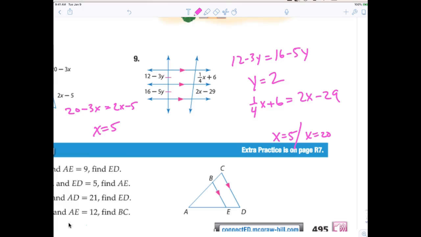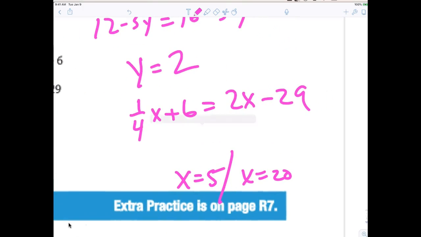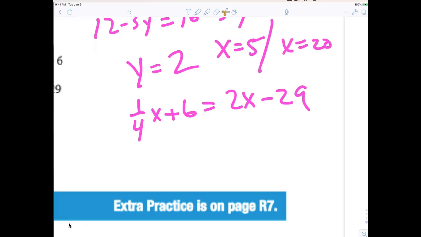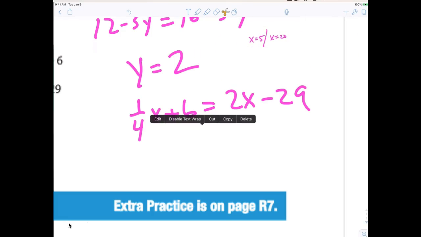Now let's talk about this real quick, guys, because I want to make sure everybody's able to do the fractions super easily. So 2 is how many fourths? 2 is 8/4, correct? So if I subtract 1/4, it'll be what?